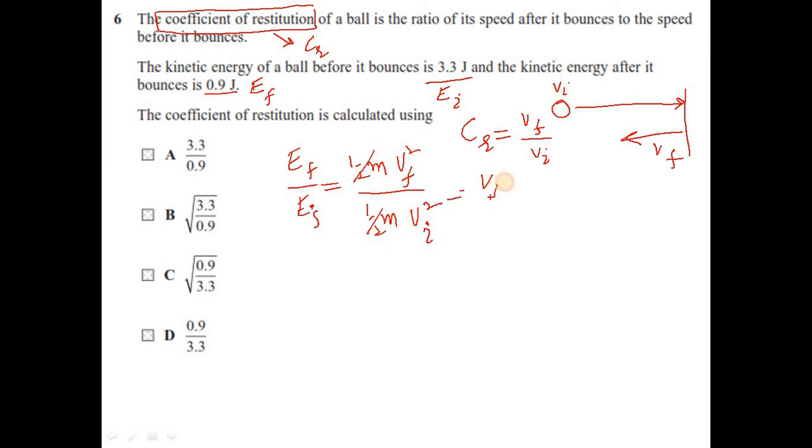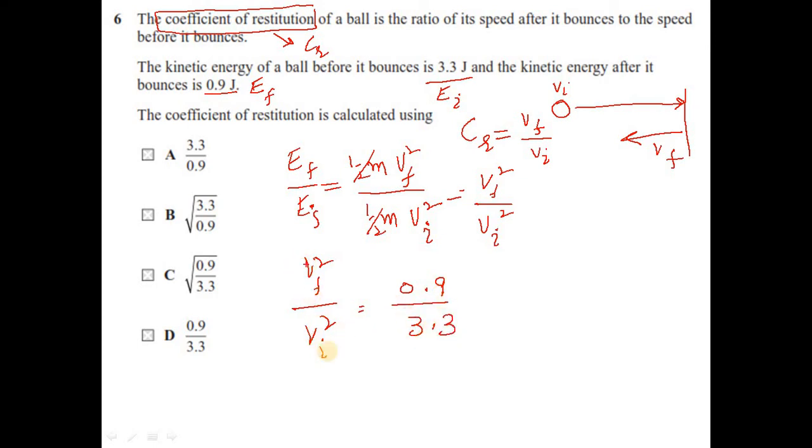I have only Vf square divided by Vi square. If you substitute the values of kinetic energy, Vf square divided by Vi square is equal to 0.9 divided by 3.3.